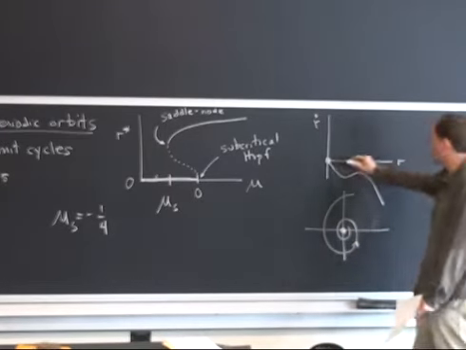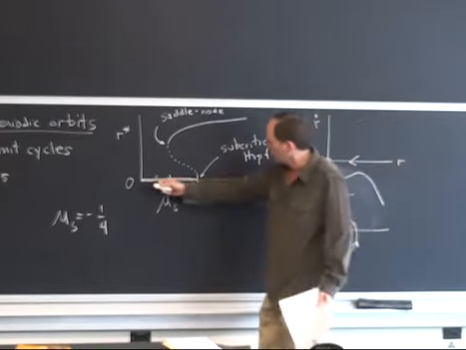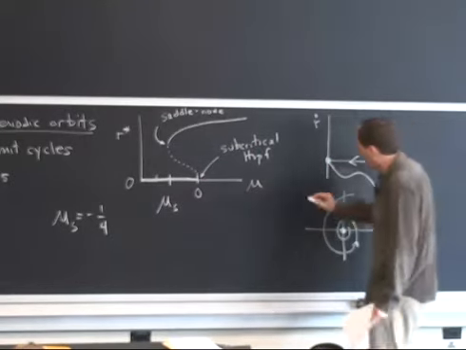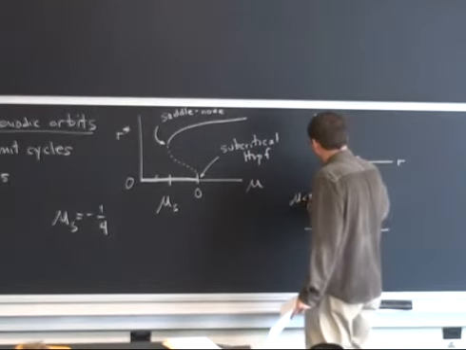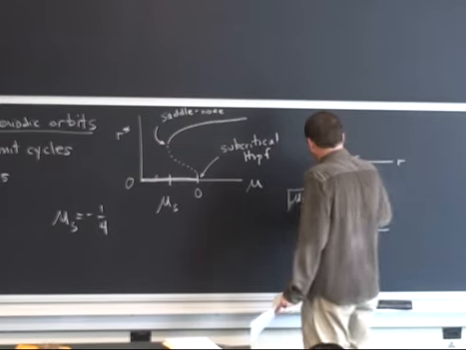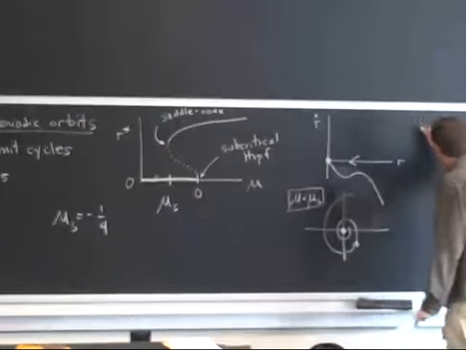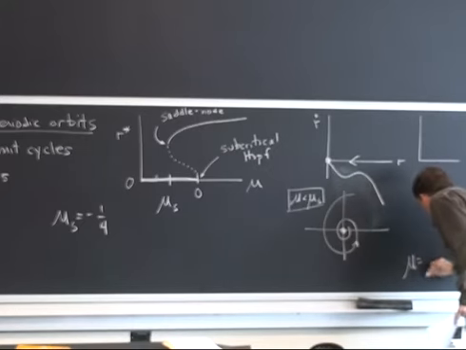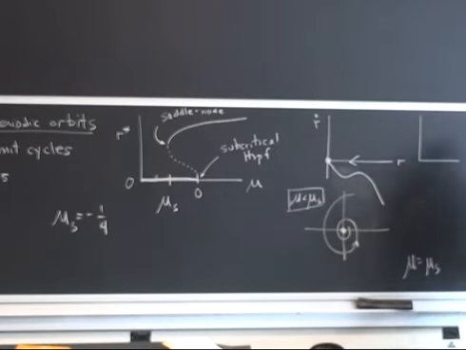Then, as we increase mu and approach mu s, something interesting happens. So far this was for mu less than mu s. Let me draw the other two pictures: when mu equals mu s, and when mu is greater than mu s, but let's suppose it's still less than 0.